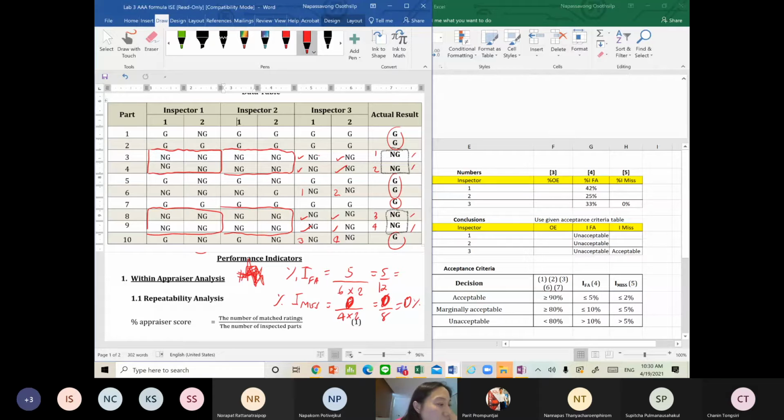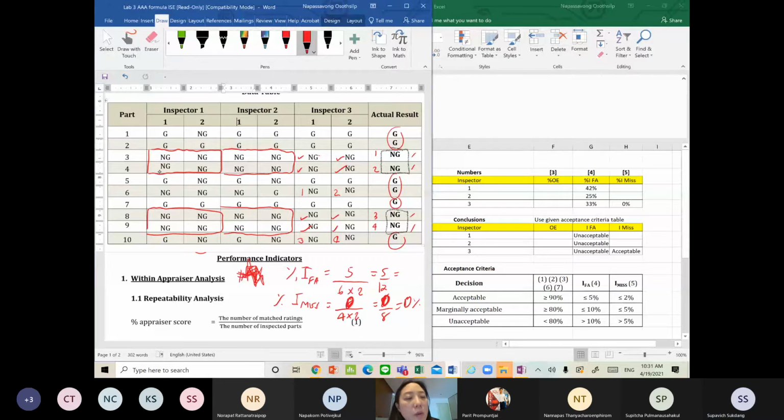Come back to Superwit. So how much is the percent I miss of inspector number 1? Superwit, are you there? 0, good.